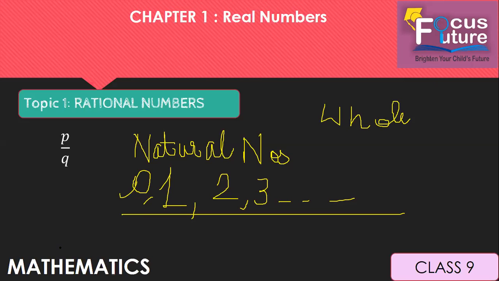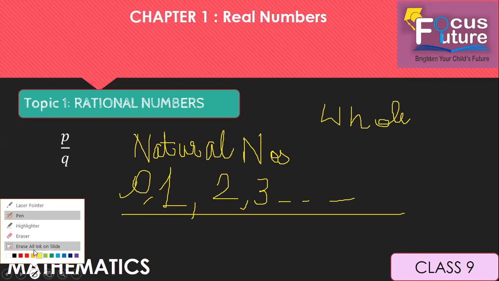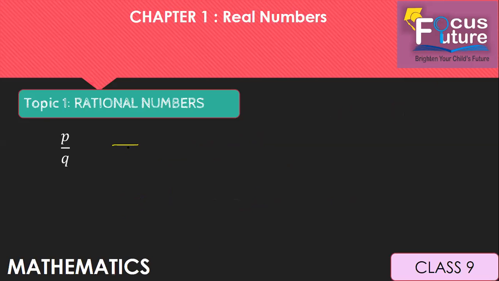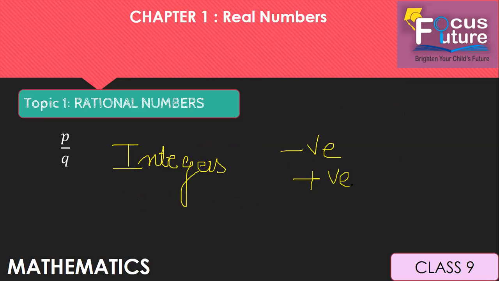Next, we will be talking about integers. All the numbers in the number line, whether they are negative or positive, both are called integers, right?